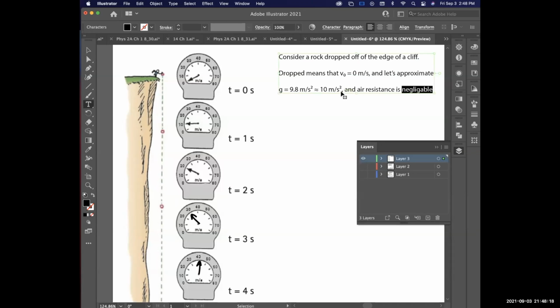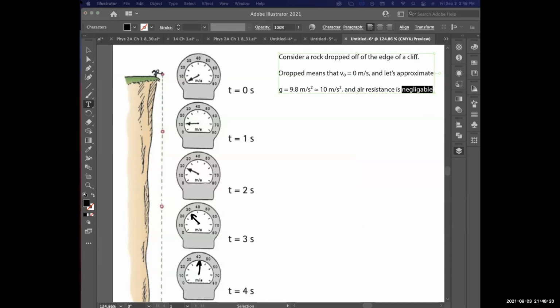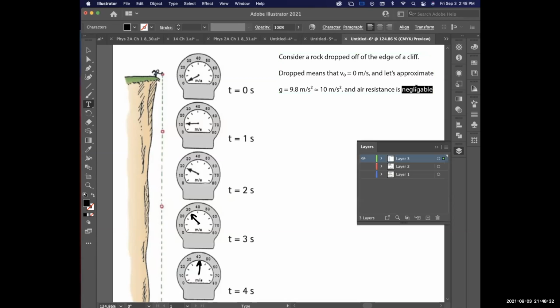I can't tell. My dyslexia makes me not trust myself at all. By the way, I did say I have dyslexia, so things are going to get flipped around a little bit. And no, that's not how you spell negligible, but I got close.